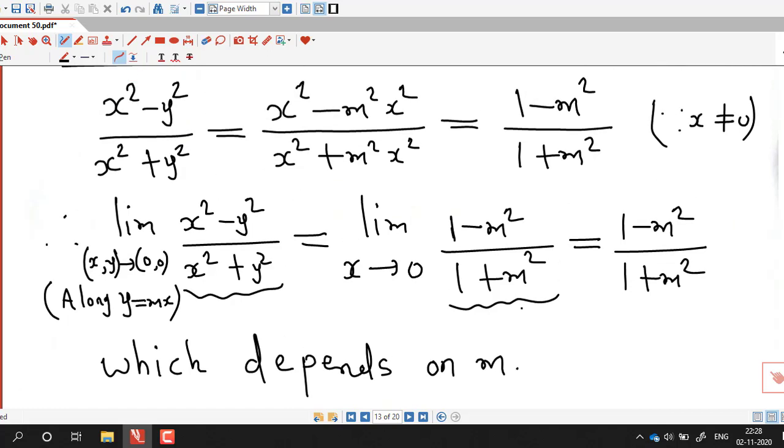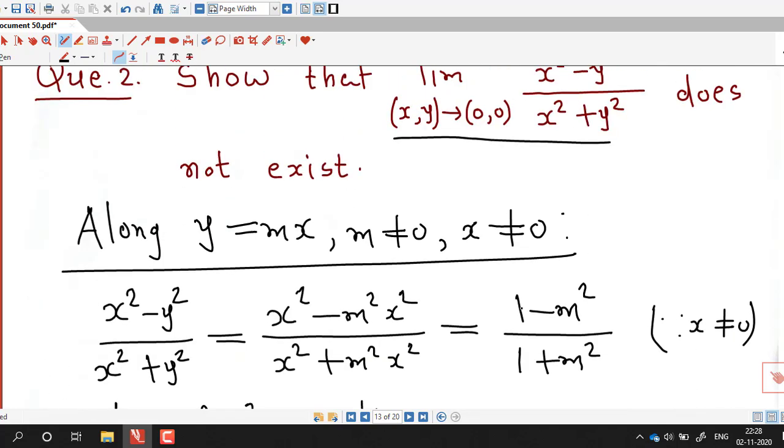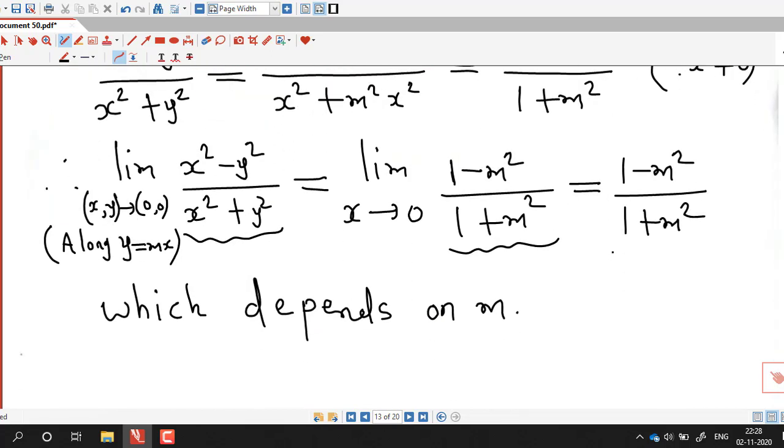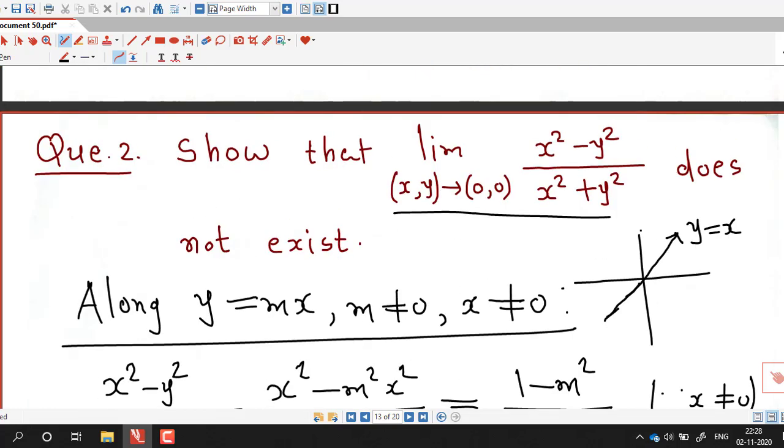This shows that the function has different limits along lines passing through the origin. Suppose we consider the line y equal to x, then m equal to 1. If you put m equal to 1, the limit will be 0 along y equal to x.